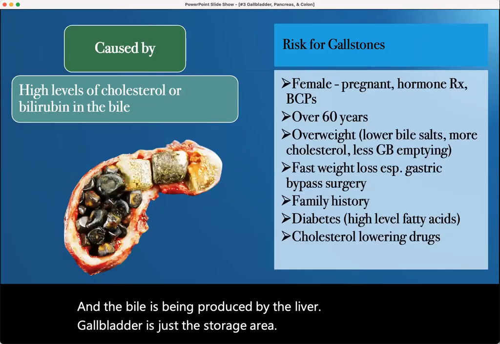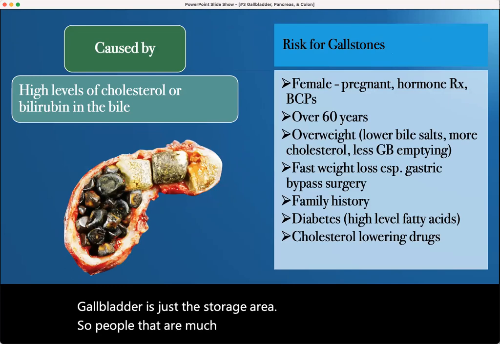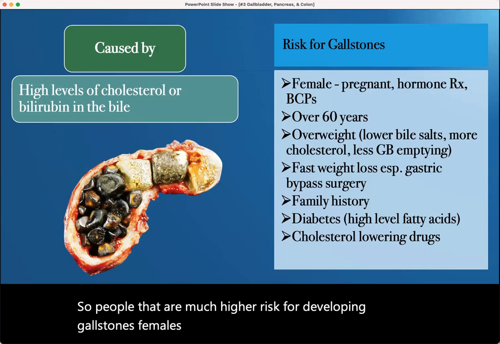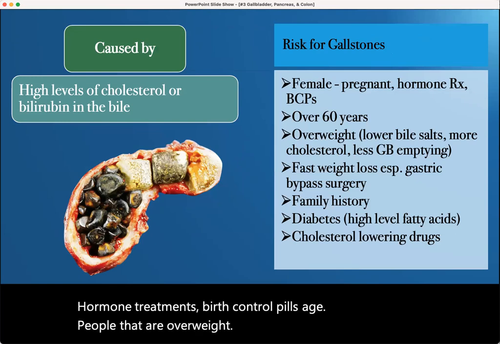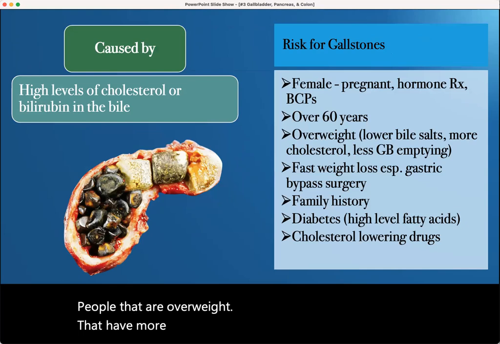People that are at a much higher risk for developing gallstones are females. Pregnancy can develop gallstones, as can hormone treatments, birth control pills, age, and being overweight, with more cholesterol; the gallbladder doesn't empty as well, so stones can form there.